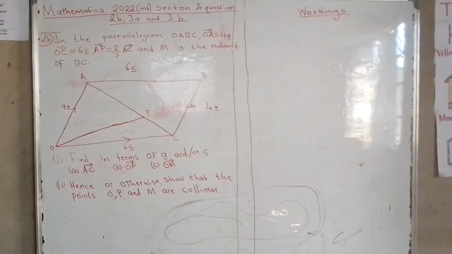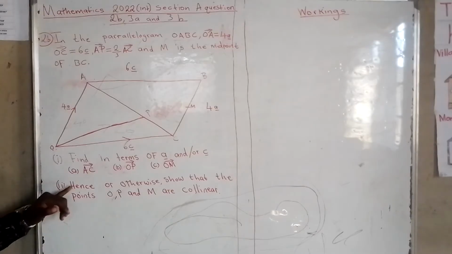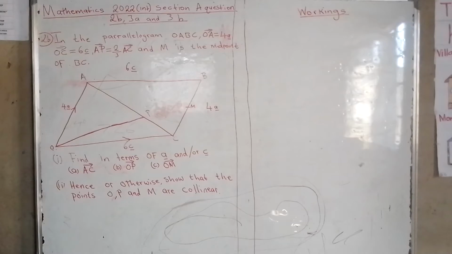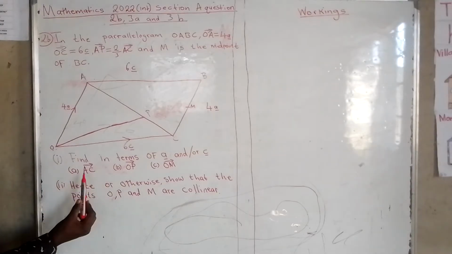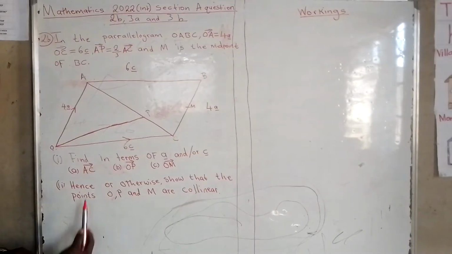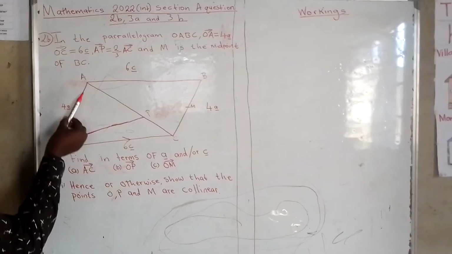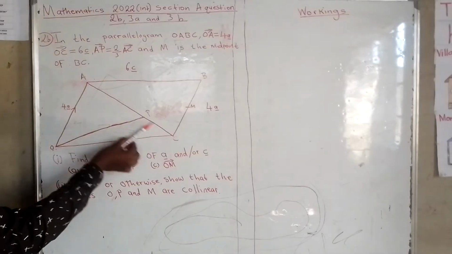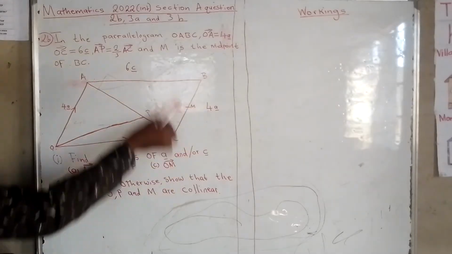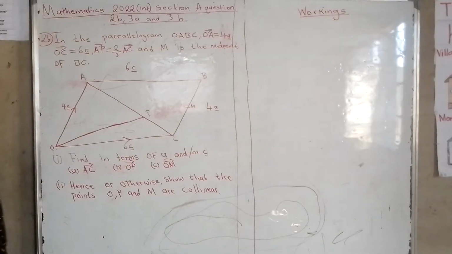After understanding that, we can now find the route AC. Mind you, looking at this question, the route is pointing in this direction, which means we're moving from A going to C. You go on the diagram now, you move from A, you go to C. You can use this path because every side of this parallelogram is having a route.